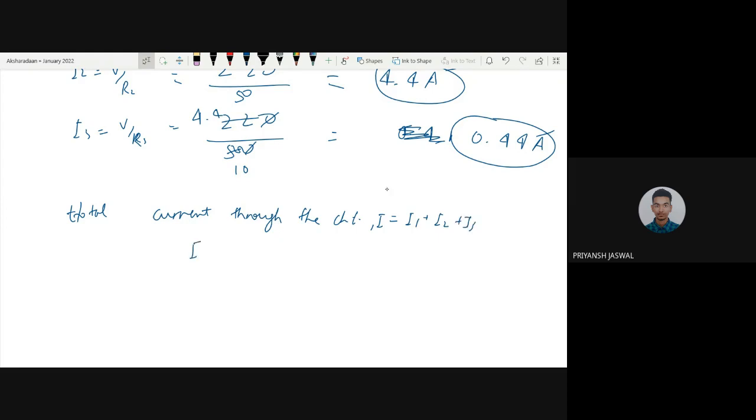So I becomes 2.2 plus 4.4 plus 0.44. This becomes 6.6 plus 0.44, that is 7.04 ampere.